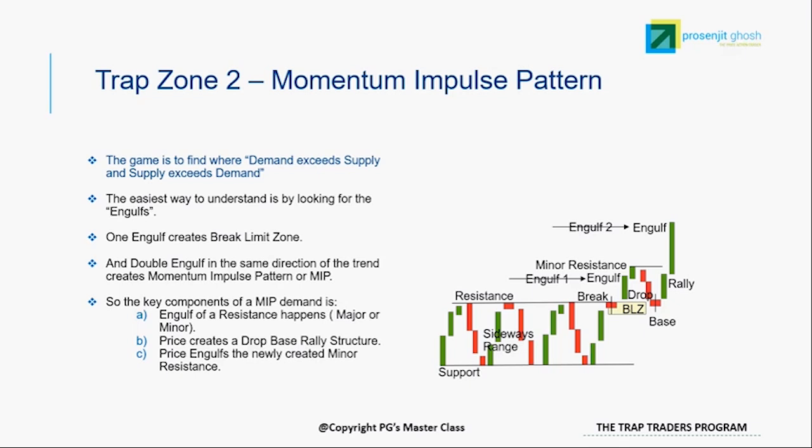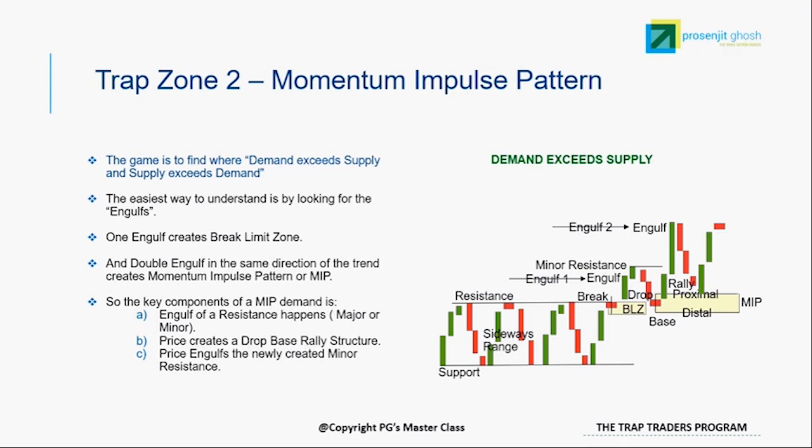This drop base rally structure, we call it a MIP structure, and we put our proximal line at the base candle and distal line below, and we take the trade when price returns to our MIP pattern. So by this double engulf of resistances, we come to know that demand exceeds supply here.